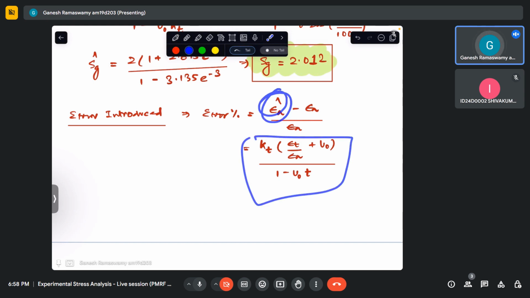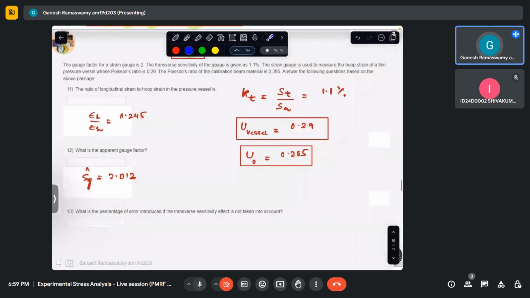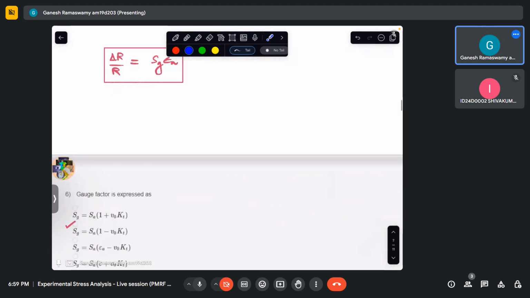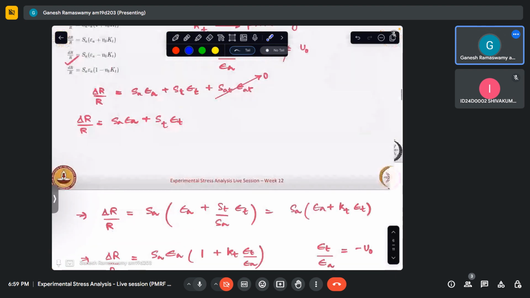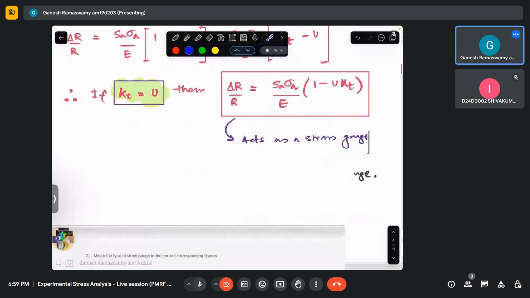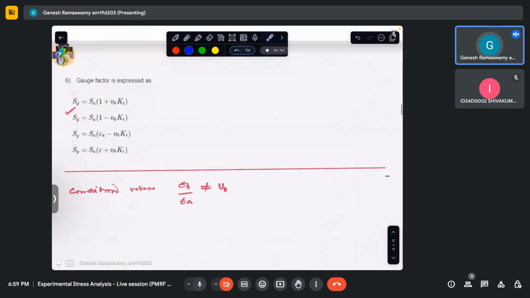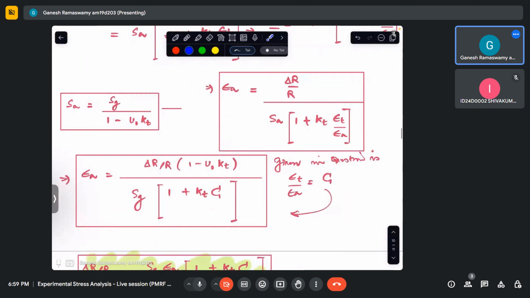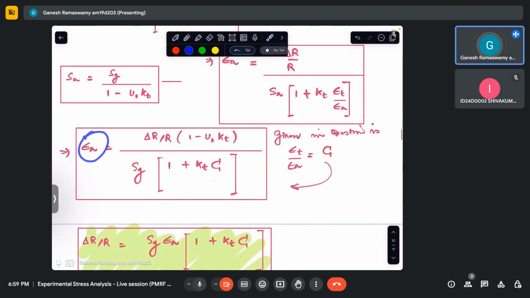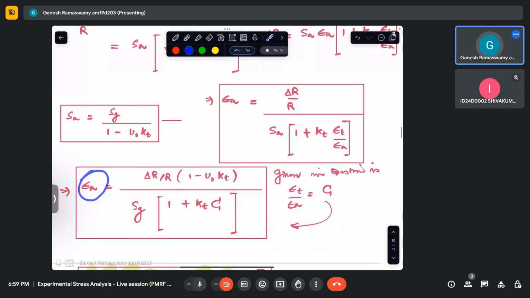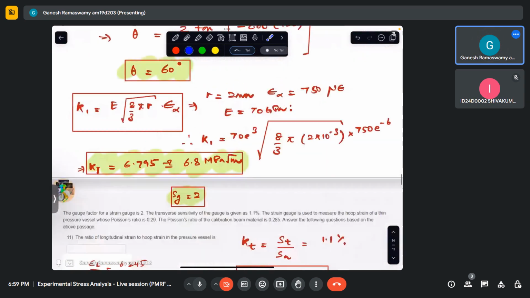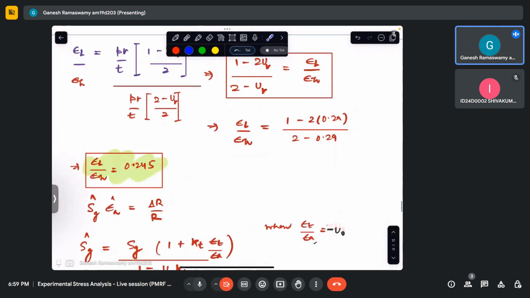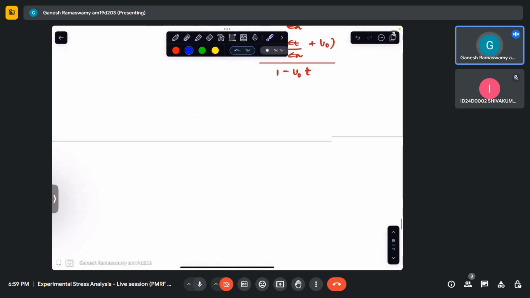We already got the expression for epsilon A when we derived it earlier in one of the questions. I will just show where it is. The transverse apparent strain, we have it. So we have the actual strain and the apparent strain, and from here we can arrive at this expression for the error.